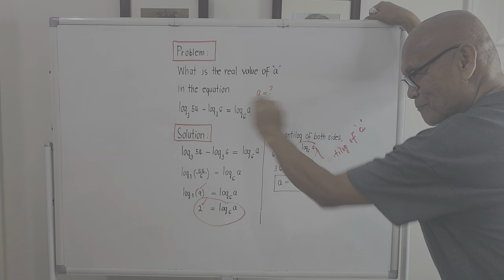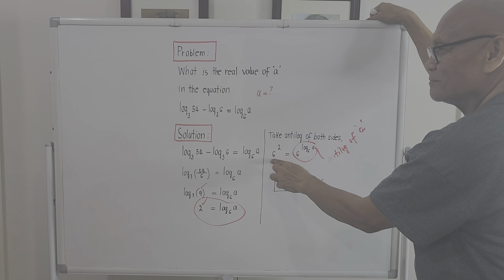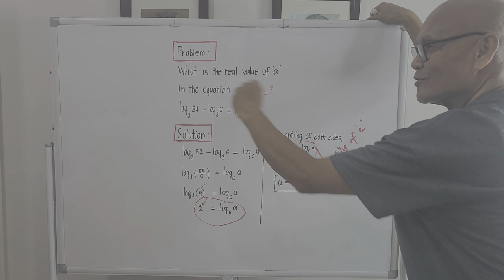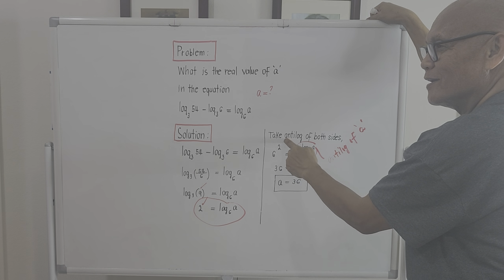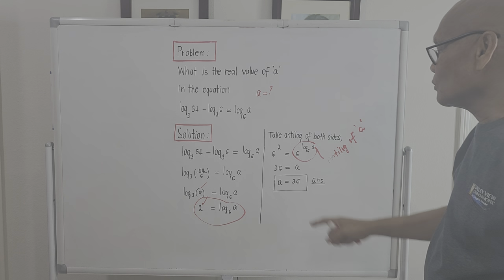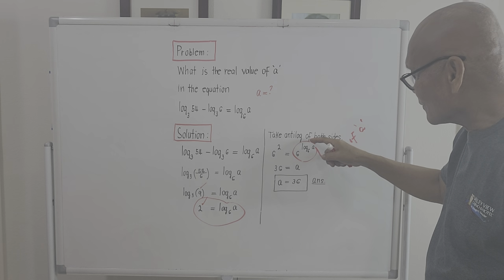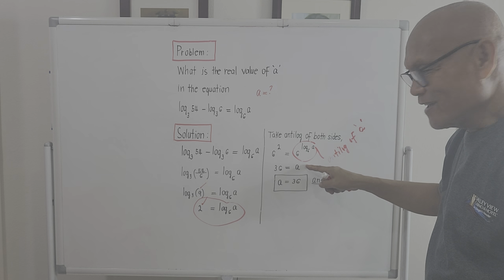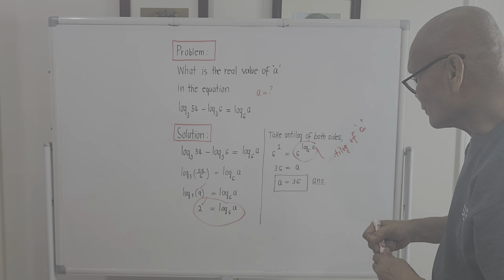But for the left-hand side, we can take 6, and the only value that remains on the left-hand side is 2, so it will become 6 squared. And what is 6 squared? We could do that value mentally, it will be 36. And the antilog of the logarithm of a is just a. So rearranging this one, a now will be equal to 36.